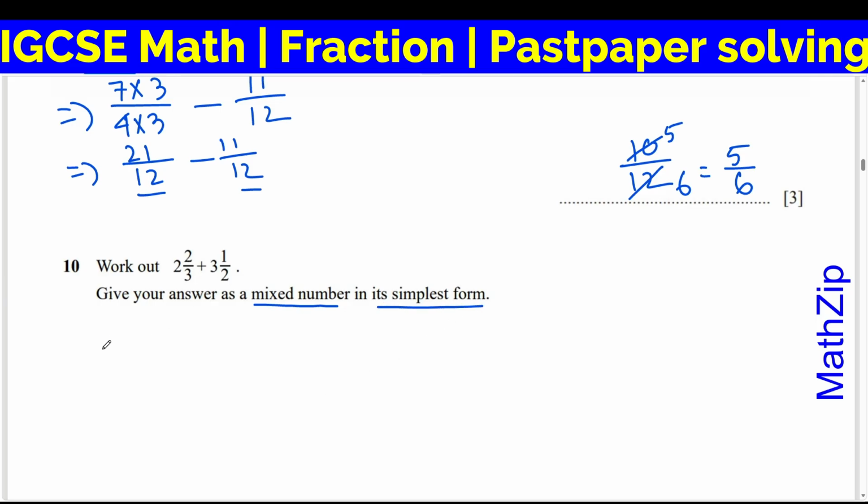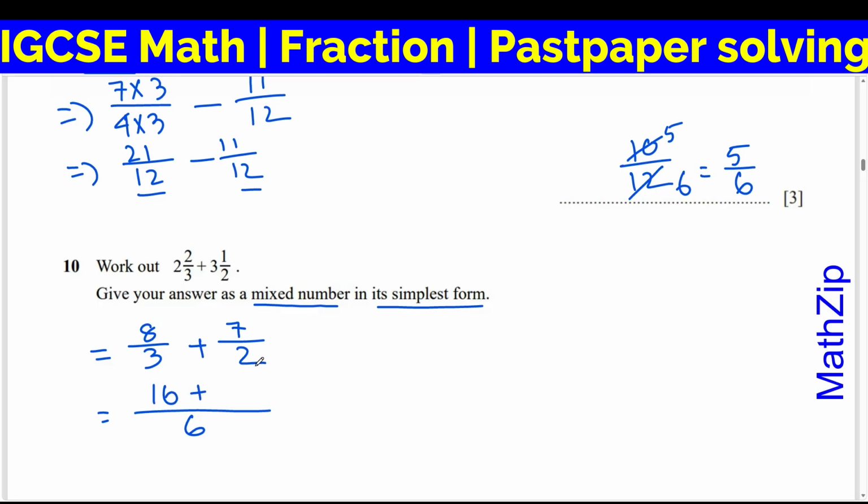So first we have to make this an improper fraction. 3 times 2 is 6, 6 plus 2, 8/3 plus 2 times 3 is 6 plus 1, it's 7/2. So for 3 and 2, the LCM is 6. 6 divided by 3 is 2. 2 times 8 is 16.